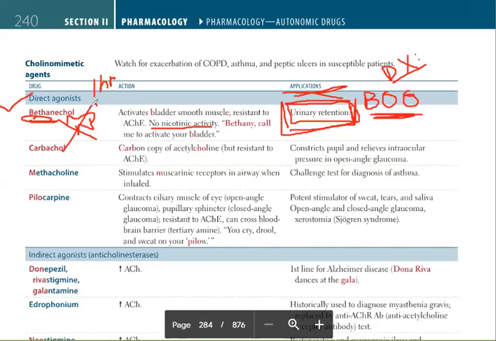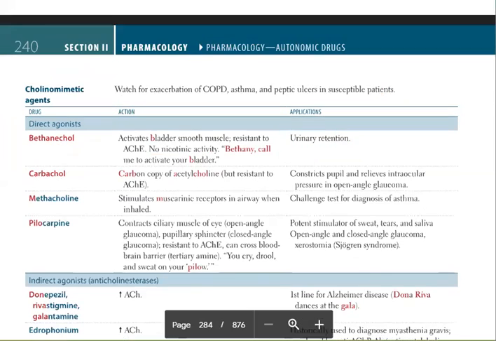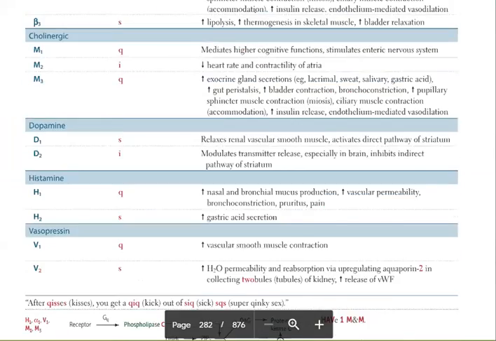The patient will not complain of excessive sweating or salivation. Yes, there is an adverse effect of this drug, all of them. It is not written here, but I'm telling you that the patient will undergo sweating, salivation, excessive tearing, hypotension because of this vasodilation, which we just studied here.